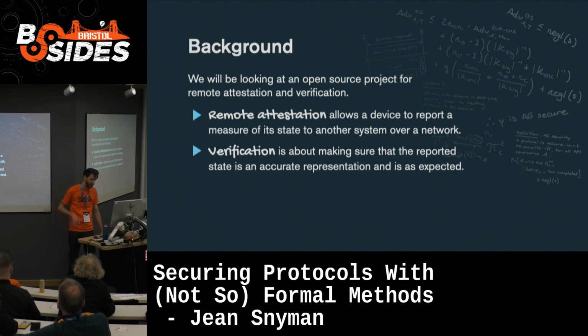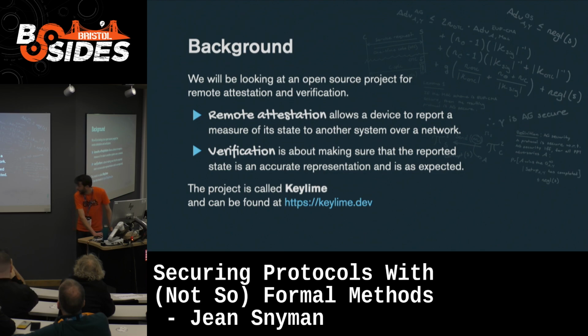It will make a determination about whether the reported state is, first of all, an accurate representation of the system state, but also whether that state is as expected. We'll talk a bit more about what that means in a second. The project that I'm talking about is called Keylime, and it can be found at that URL.